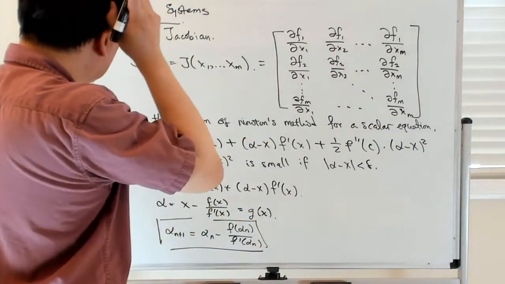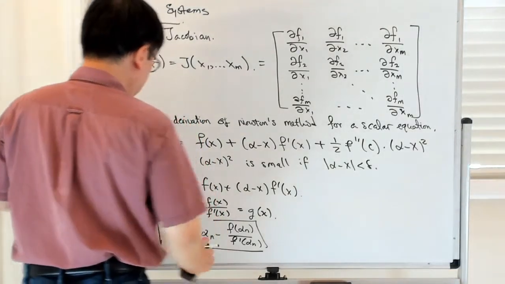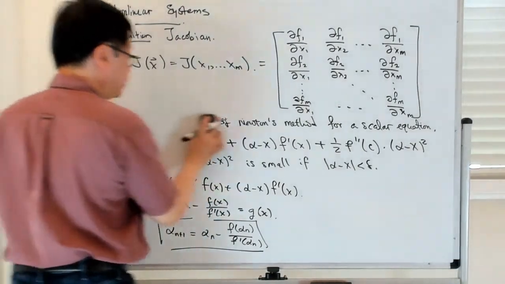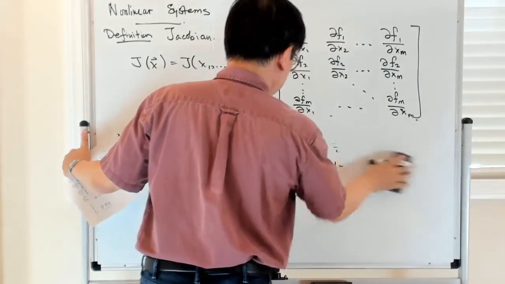So this is what's called the Jacobian. And with that, I can generalize the Taylor expansion as follows.